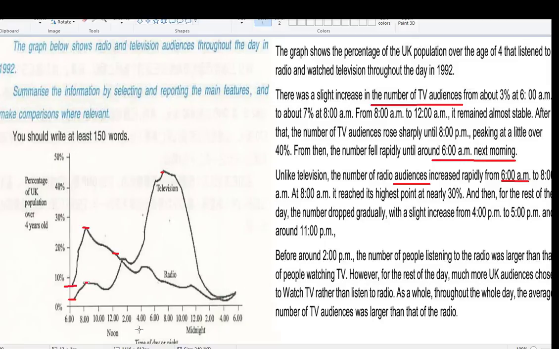But 2 p.m.? No, it comes close, but it doesn't exceed the number. "However, for the rest of the day, much more UK audiences chose to watch TV rather than listen to radio. As a whole, throughout the day, the average numbers..." Well, isn't this exactly the same thing you're saying twice?